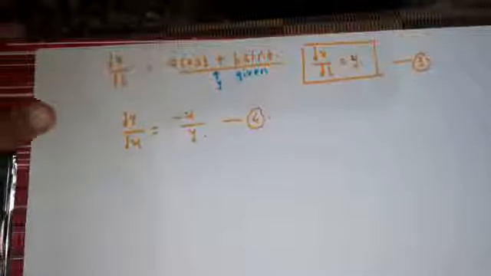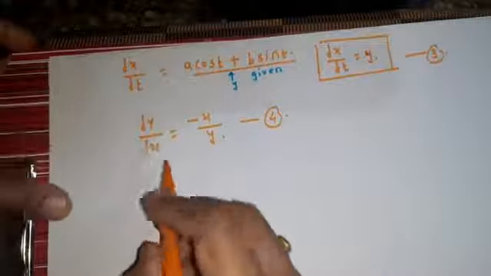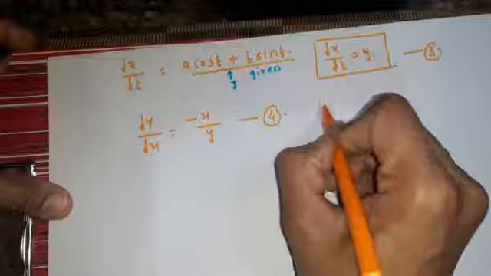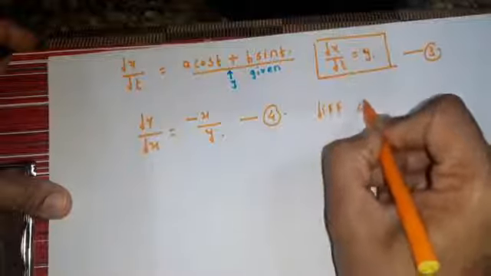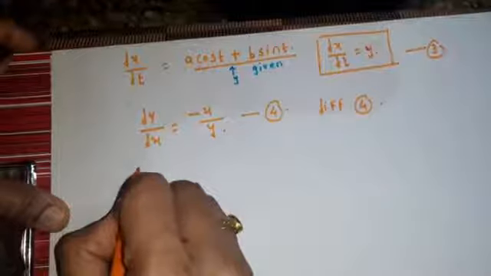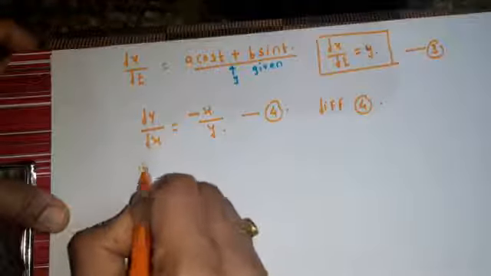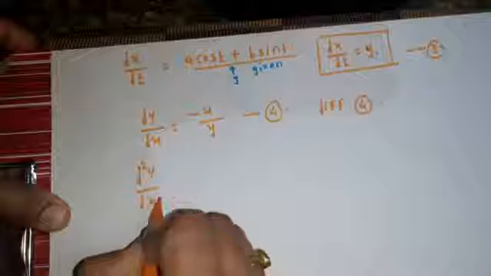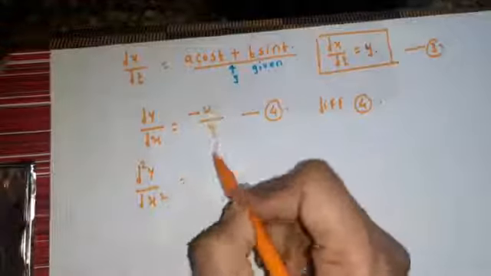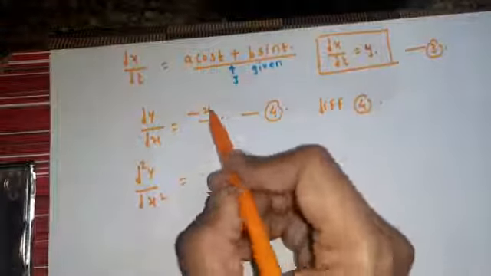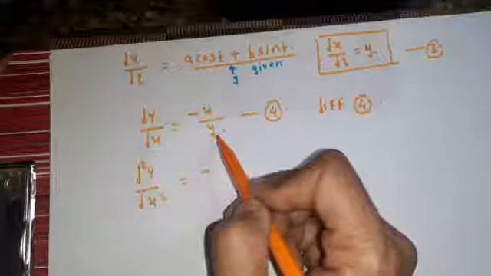But now we have to find out d2y by dx square. So differentiate 4 with respect to x. Differentiate 4 with respect to x, we get differentiation of dy by dx is d2y by dx square, and the minus sign as it is. Now this is by using u upon v rule.